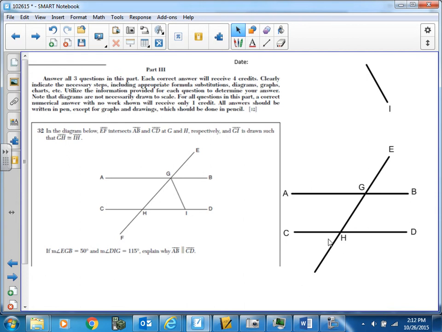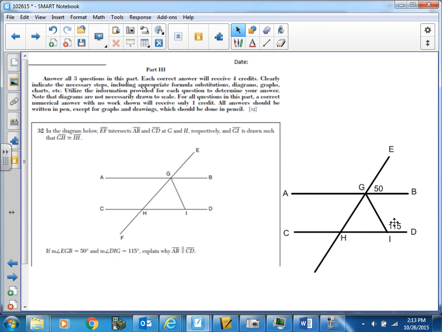We talked about that. If we know that EGB, which would be right here, is 50 degrees, and that DIG, which would be right here, is 115 degrees.